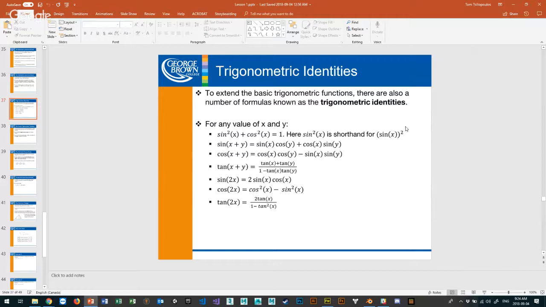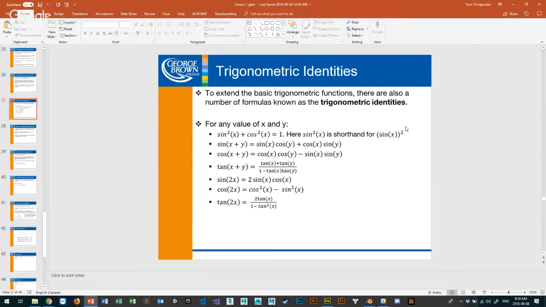Sometimes we have sine and cosine, and we have some other value, and we can figure things out by moving things across the equal sign. The other thing is that sine of x plus y is equal to sine of x times cos of y plus cos of x times sine of y, and the opposite one for cosine.